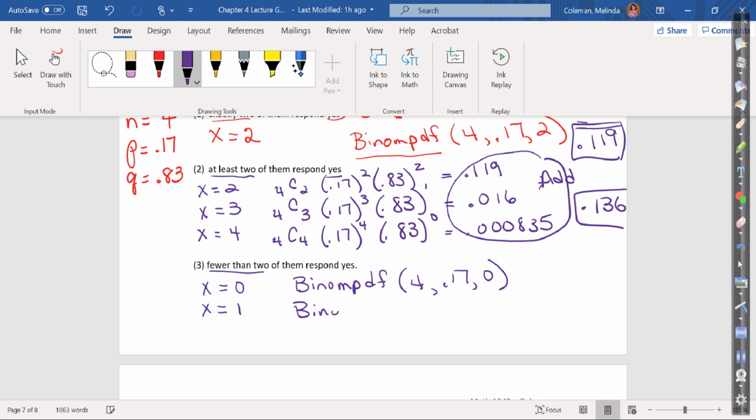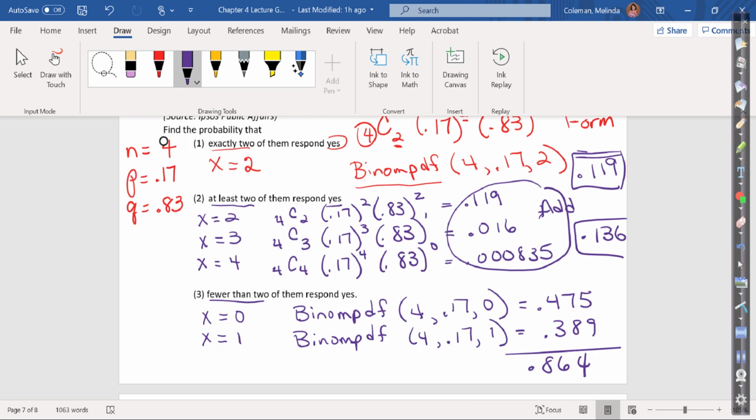And again, binomial PDF of 4, 0.17, 1. In this case, I have 0.475 and 0.389. If I add these up, I get 0.864. So the probability that fewer than 2 respond yes is pretty high. Which again makes sense because your success is low.